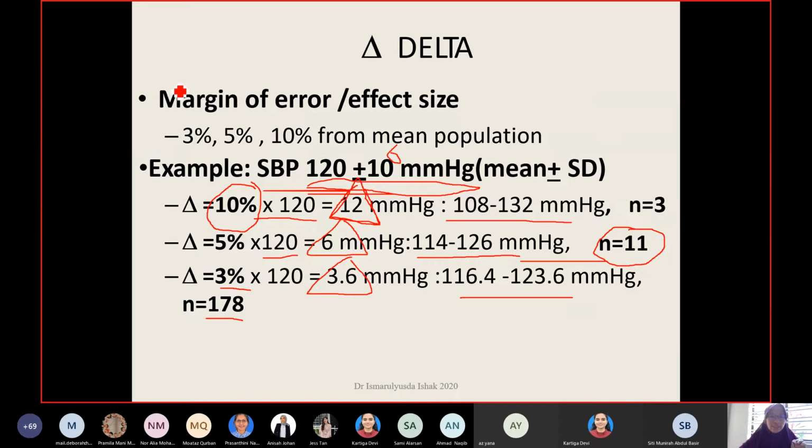So it shows that the higher the effect size, the smaller your sample size. The smaller the effect size, the larger the sample size.